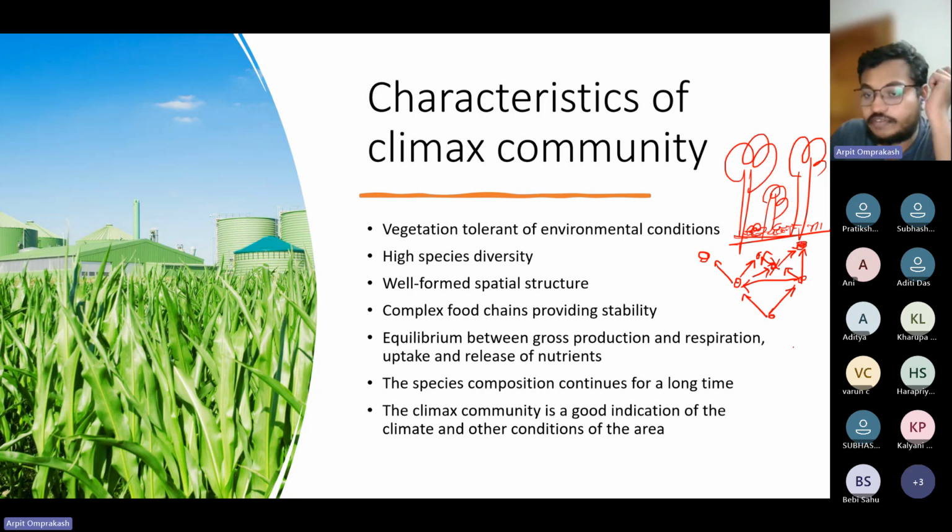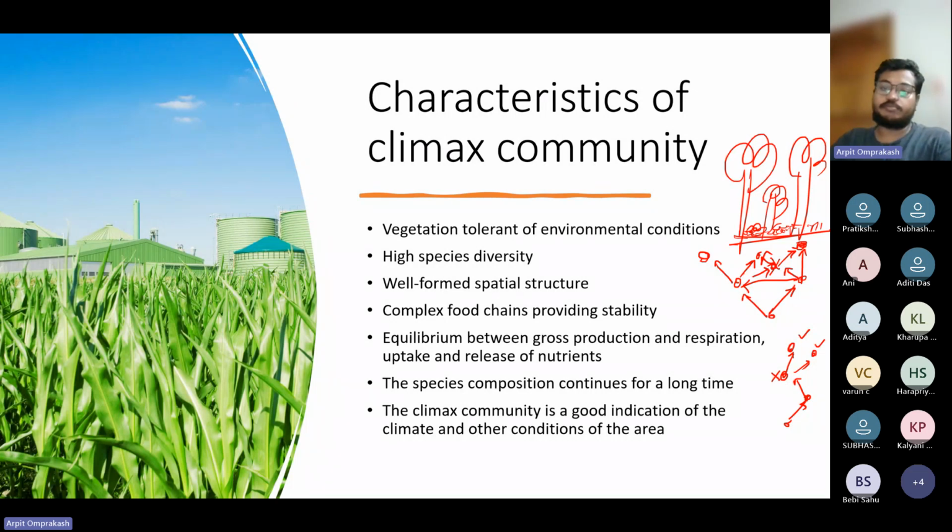Whereas if you have a very simple food chain and there is, let's say, the collapse of one population, that might lead to collapse in other populations. And thus that will lead to instability in the community. So generally, climax communities, which are very stable, have complex food chains that provide stability.